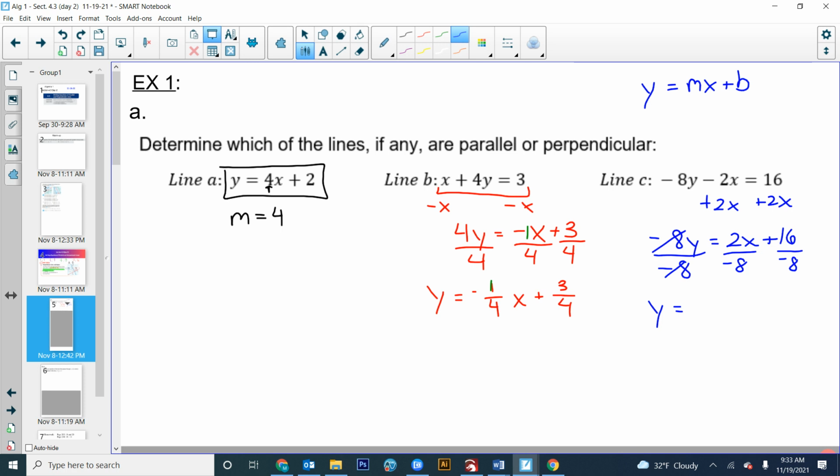Take a minute, reduce the right side on your own. Reduce the right side. Your calculator should be out. Ready to go. No decimals. Write it as a fraction.